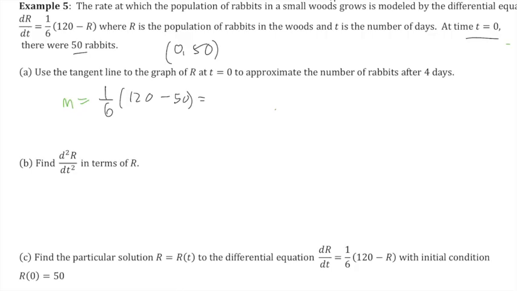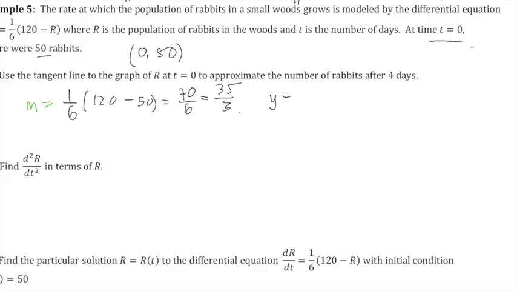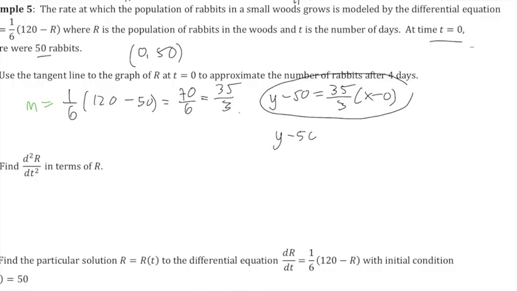So 120 minus 50 is 70 over 6. I guess that's 35 over 3. So y minus 50, so there is my tangent line. Let's substitute 4 into it. We're going to get y minus 50 equals 35 over 3 times 4.